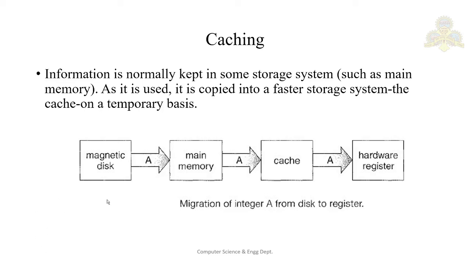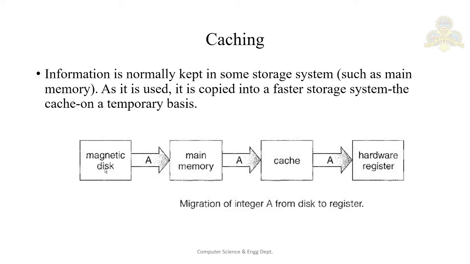This diagram below shows the hierarchical storage structure, where the data A appears at different levels of the storage system. Here A is an integer, and suppose its value has to be incremented by 1. Suppose this integer A is present in a file B and that file is present on the magnetic disk.